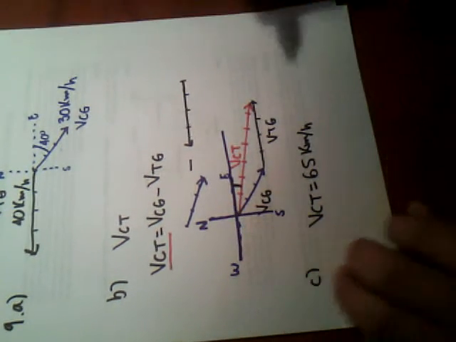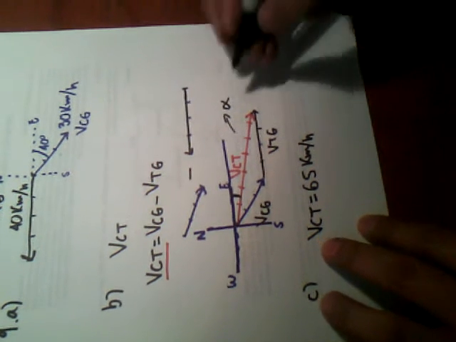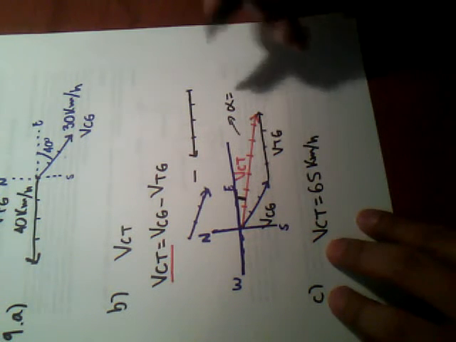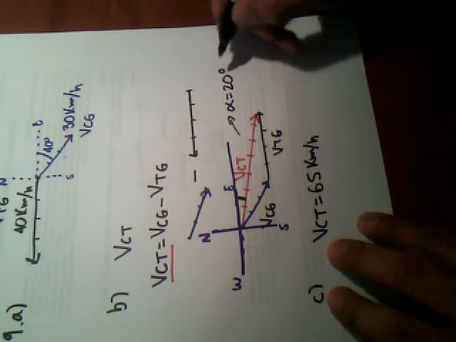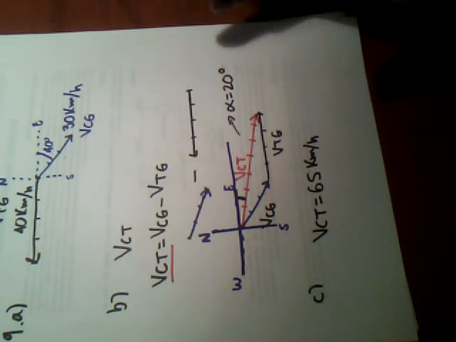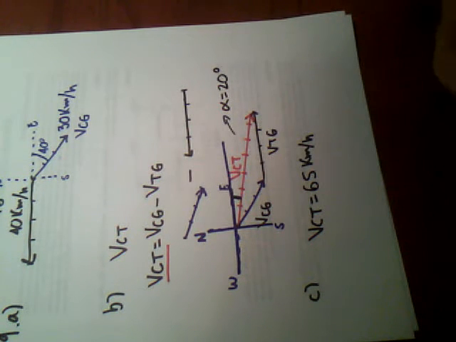When you measure that angle, I'm going to call it alpha, this angle here will be around 20 degrees, right? In a good diagram you should get something between 20-25 degrees, something like that. So I'm going to say that my angle is 20 degrees.